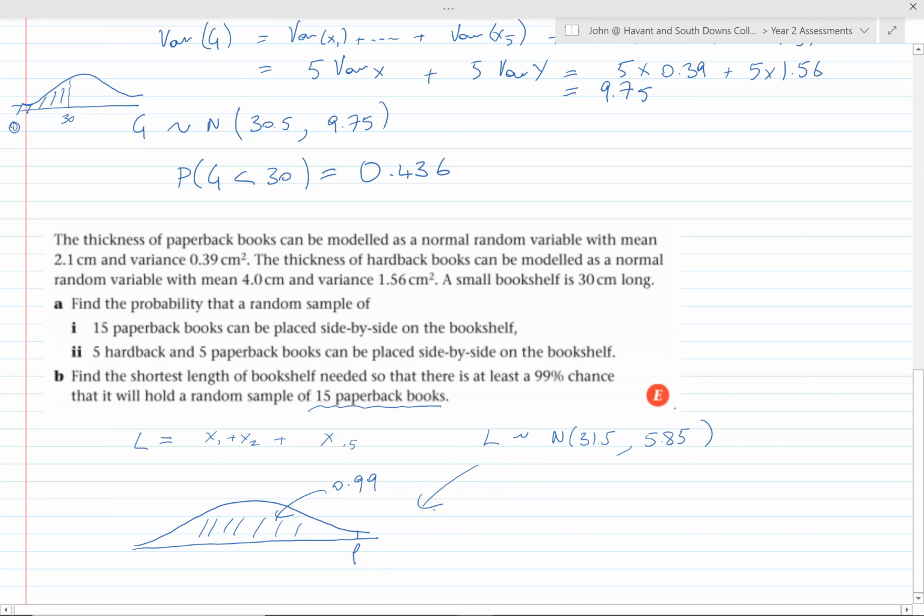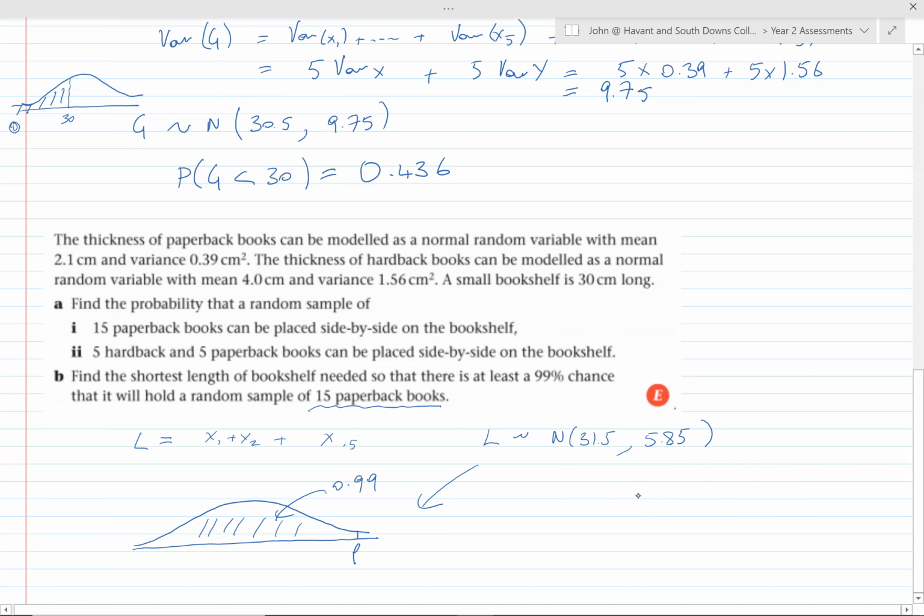What's the value of l for this distribution? So this is where we're working backwards. We have an area or a probability, and we want to find what the actual value is that you're sampling from the distribution. So again, I'm not going to use the Z transform and use phi minus 1, that type of thing, for those of you who've been taught that way or have to use the tables.